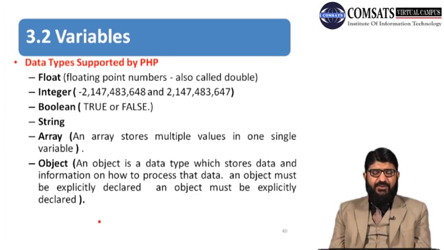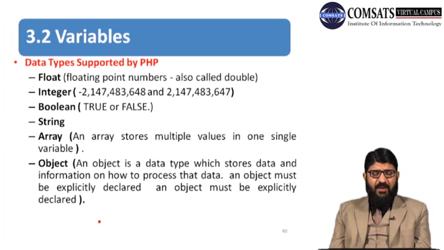Then the data type boolean, true or false, is mentioned, which will either return the true value or the false value. And then the concept of string is given, and then array is mentioned, an array stores multiple values in one single variable.